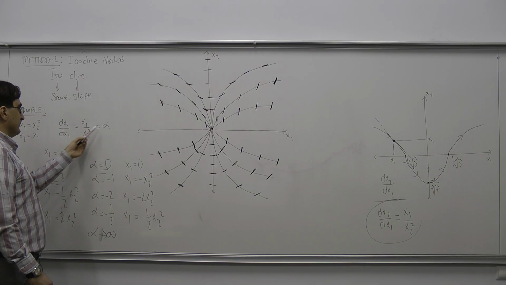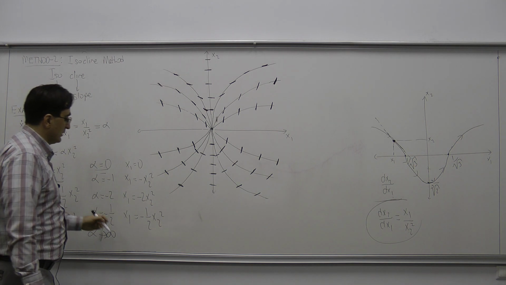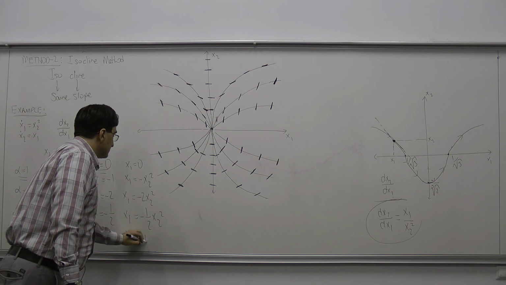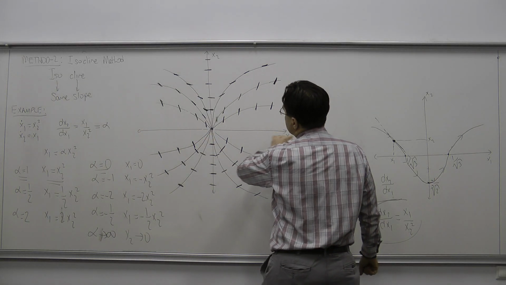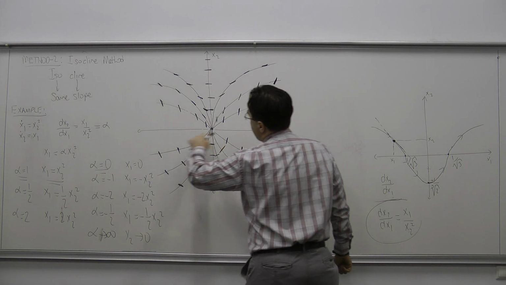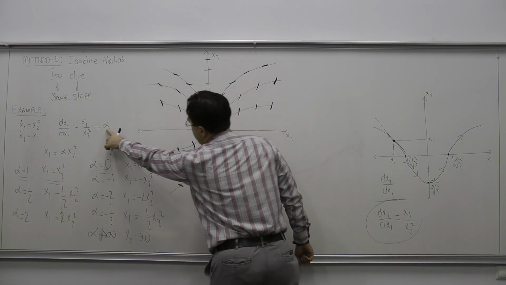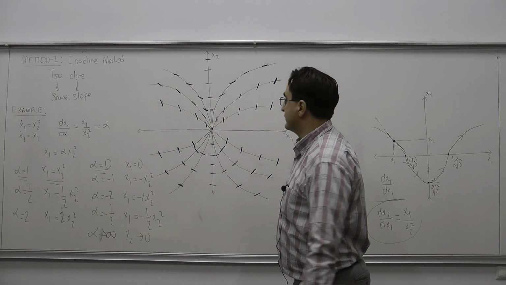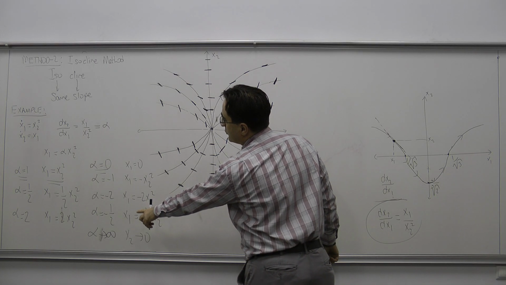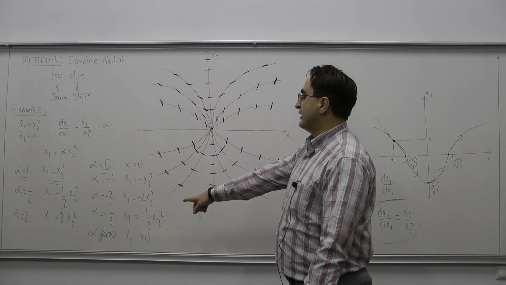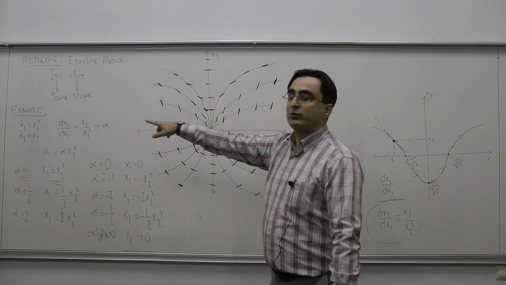If alpha goes to infinity, I see that x2 should be going to 0. Okay? So this x1 axis is where alpha goes to infinity. That means that the slopes of the trajectories would be infinity when x2 is equal to 0.